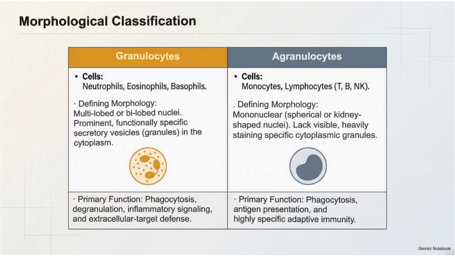Nuclear morphology can help us identify a cell's lineage, and the appearance of a leukocyte provides clues about the specialized machinery inside of it. So when you look at these five cells, don't just ask which one is the neutrophil. Start asking, why does the neutrophil look different from the lymphocyte? And what does that tell me about what it does?